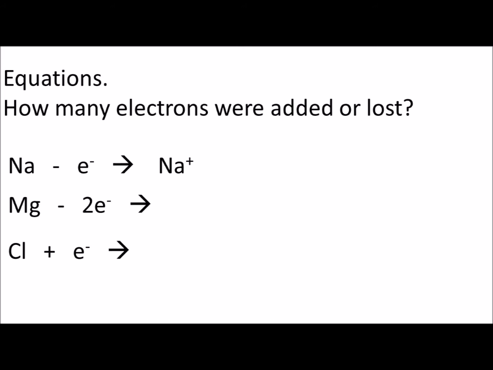Here, sodium, Na, loses an electron, so it will end up with a net positive charge. Mg, magnesium, loses 2 electrons, so it will be 2 plus in the charge of the ion, and chlorine here gains a negative electron, so it will be an ion with 1 negative charge.